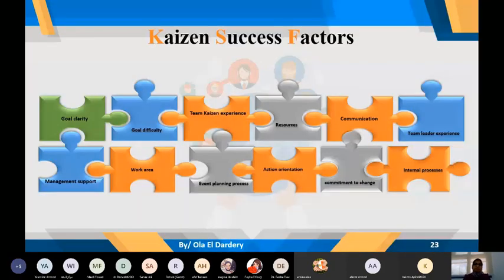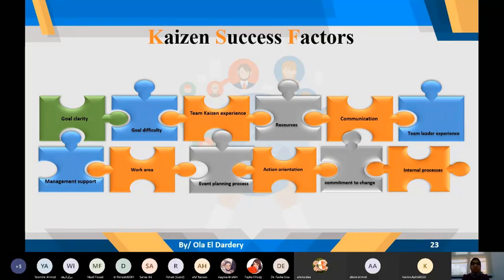Right. As well, Kaizen success depends on lots of factors. Those factors could vary from what we want to reach, like the goal clarity, the team itself. It can depend on the resources that we have. What are the resources that we have in any organization? How the communication works between team members and between the organization. The management support. And I have to say that management support is very critical.